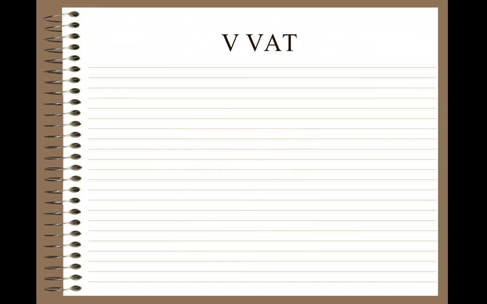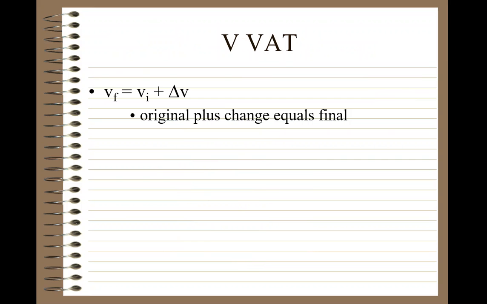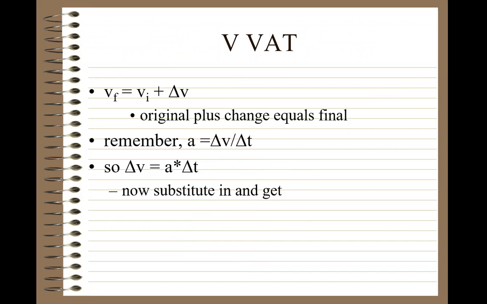So where did these equations come from? Quick, brief overview of that. There's the VVAT equation, and you can see this is actually from the delta velocity equation. And then it combines with acceleration is delta V over delta T, and so we can substitute these together, and we get VF is equal to VI plus AT.